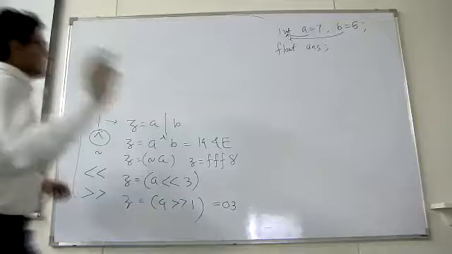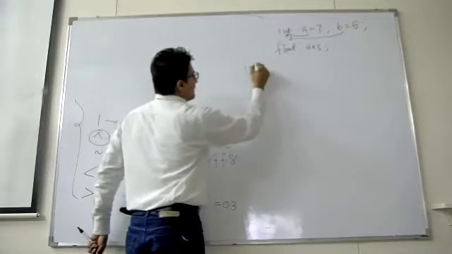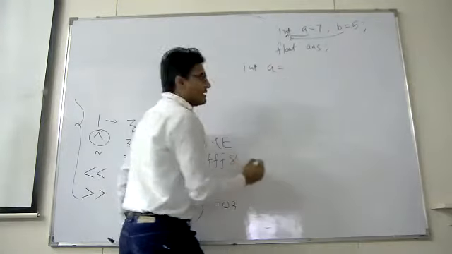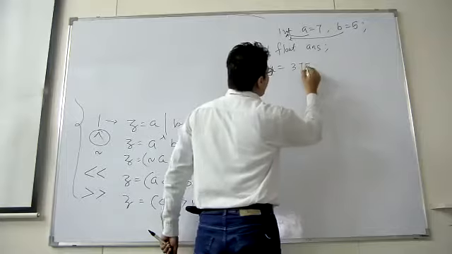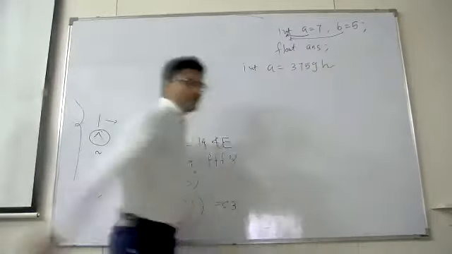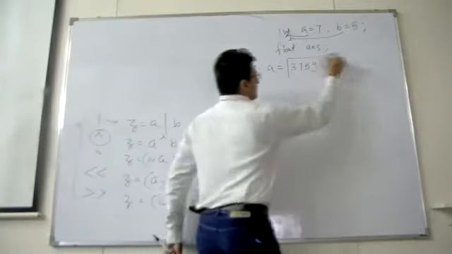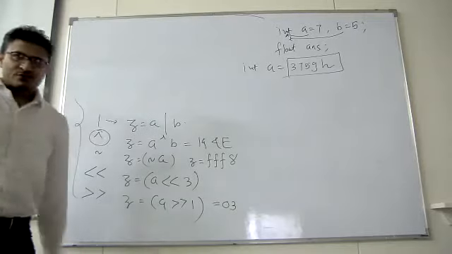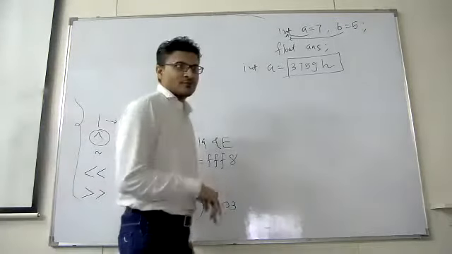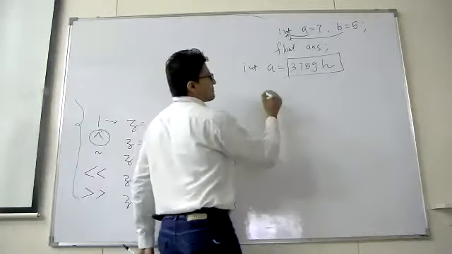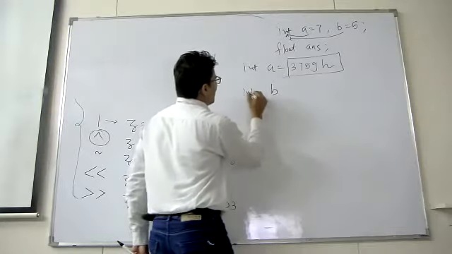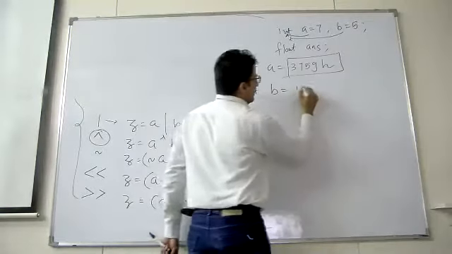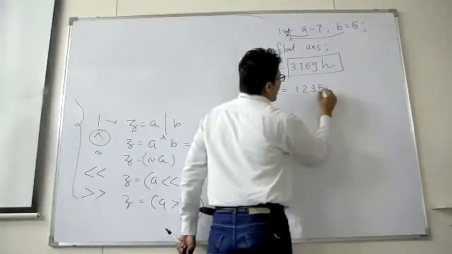Now, one interesting case. Suppose my integer A is equal to 3759H, and my integer B is equal to 1235H.